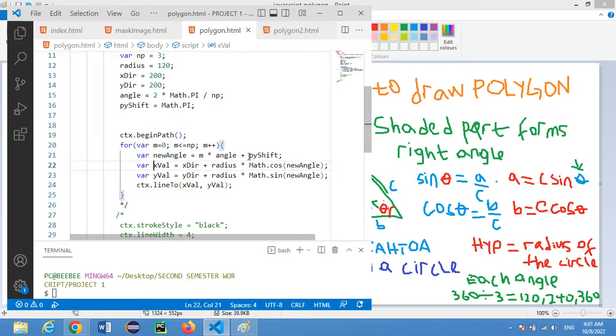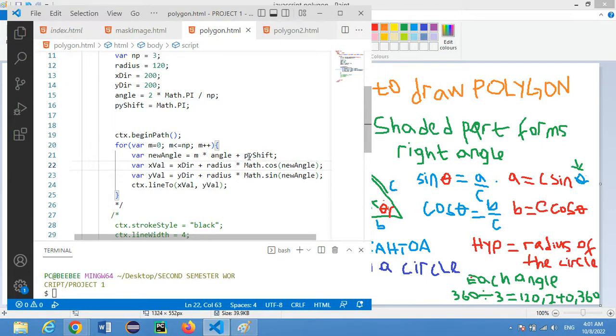So our x value here is going to take the following parameters: the x direction, which is 200, plus the radius, which is 120, times Math.cos, passing our new angle as the parameter. That is Math.cos of 180 degrees, as we have it here. Then the same thing too for our y value.